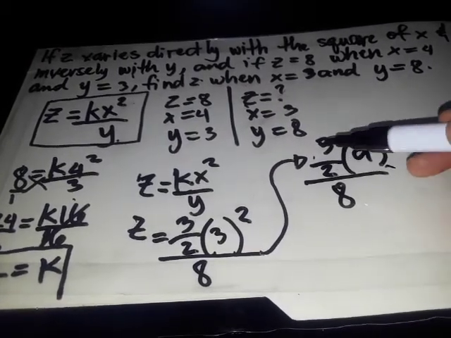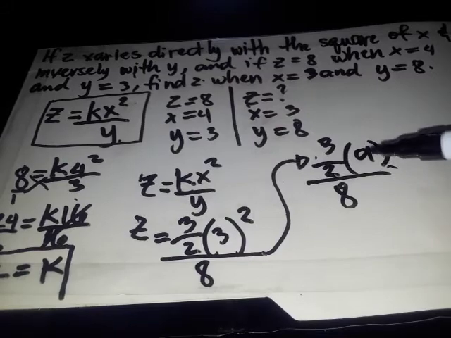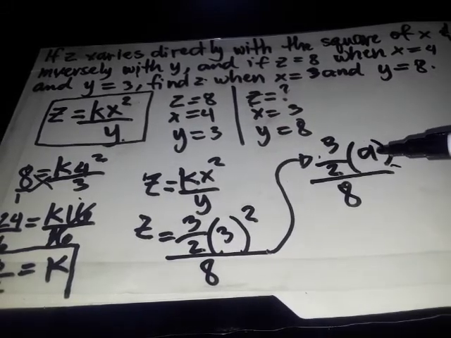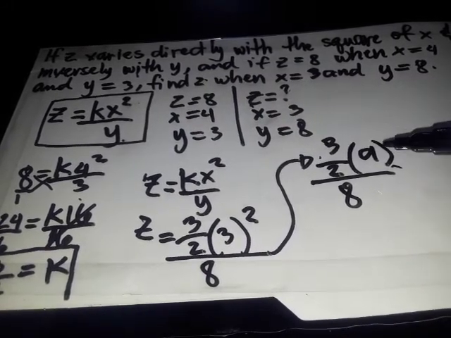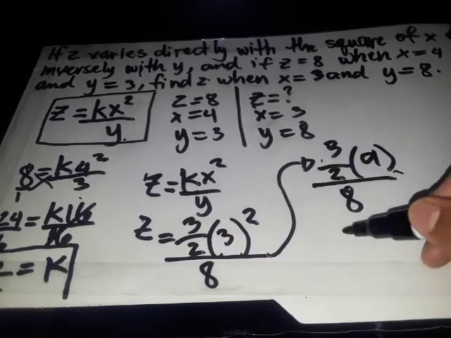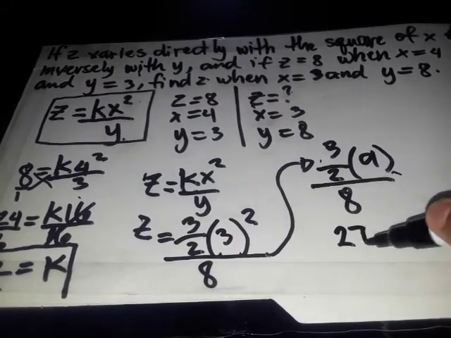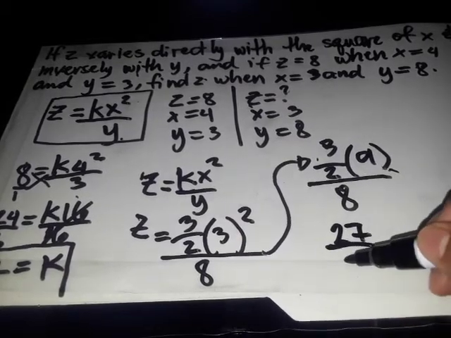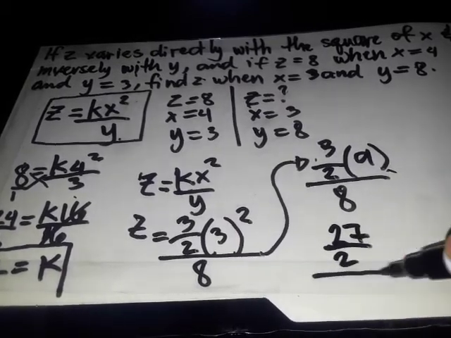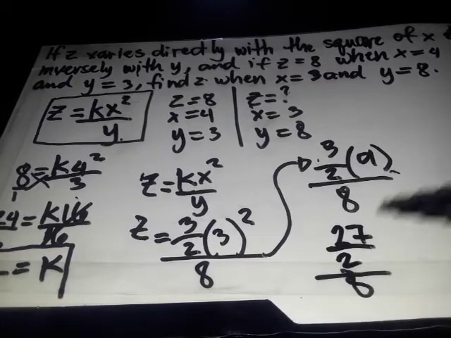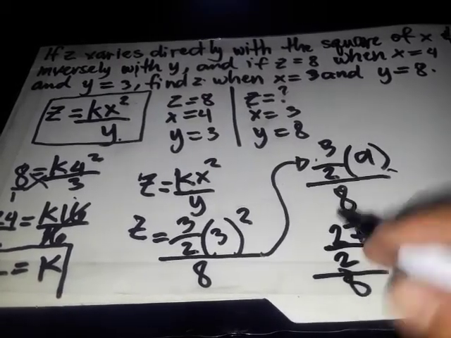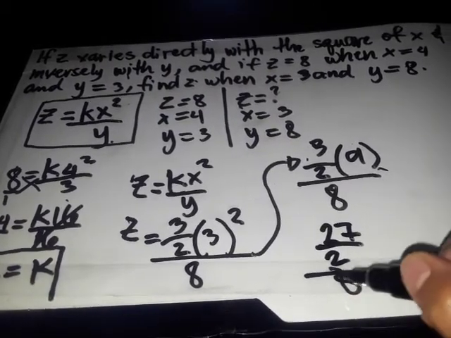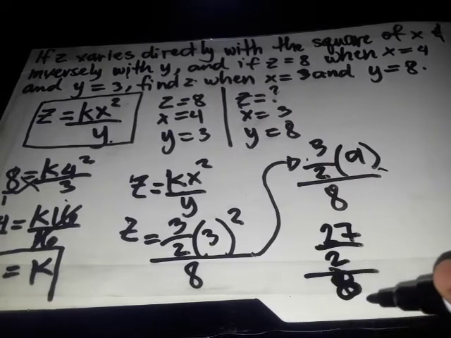So, dito, ang pag-multiply ng fraction at whole number multiplied by the numerator. So, 9 times 3 is 27 over, copy the denominator, halves, divided by 8. Okay? So, pag 8 siya, ang denominator ng whole number na 8 ay 1.